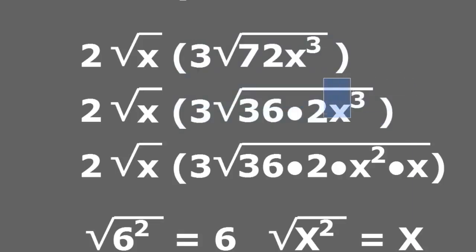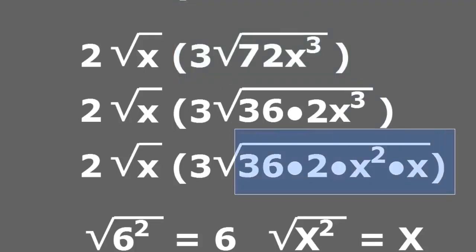The other thing that I'm going to do is take the x cubed, the x with the exponent equal to 3, and factor it into x squared multiplied by x. Both of these expressions are the same. If you multiply x squared times x, it is x cubed. So this becomes 36 times 2 multiplied by x squared multiplied also by x.